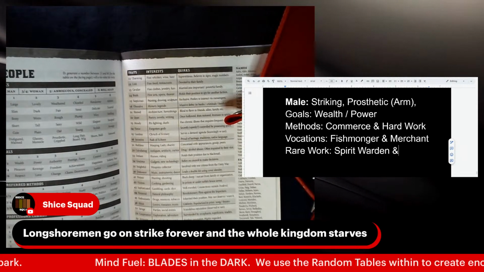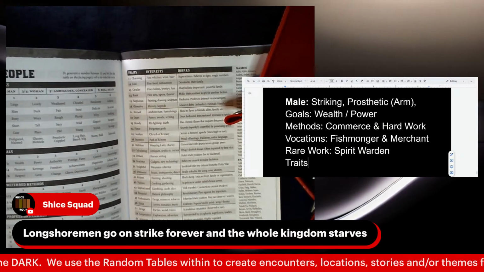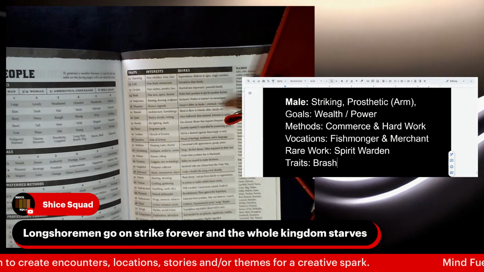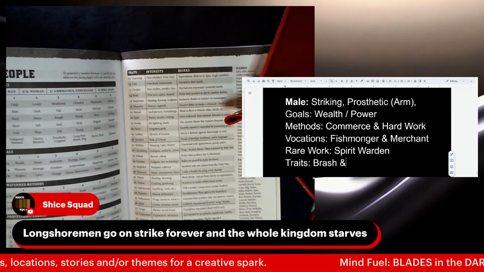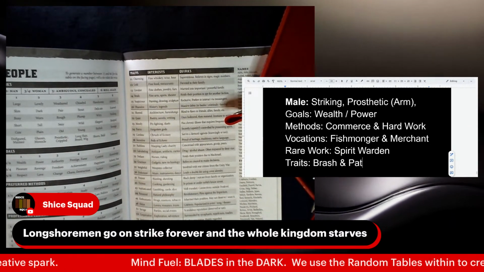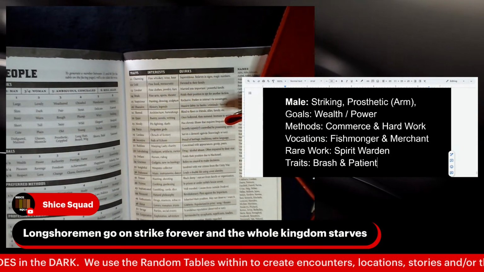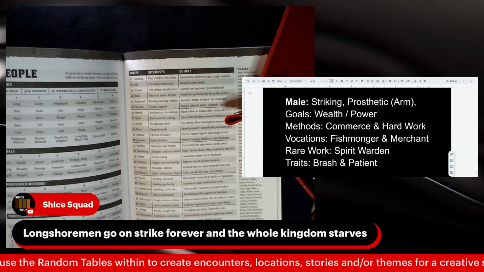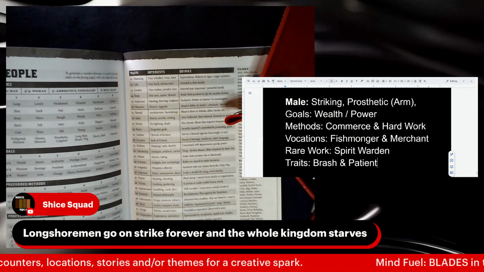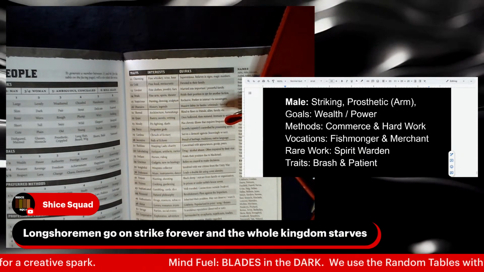Let's get rid of glass blower just for right now. Let's see, we've got traits. Brash. Let's see, and 41. Patient. Patient sounds better than brash, I think, in this context. Unless we have multiple people working, maybe this longshoreman has a cousin or a girlfriend or a sister or something.